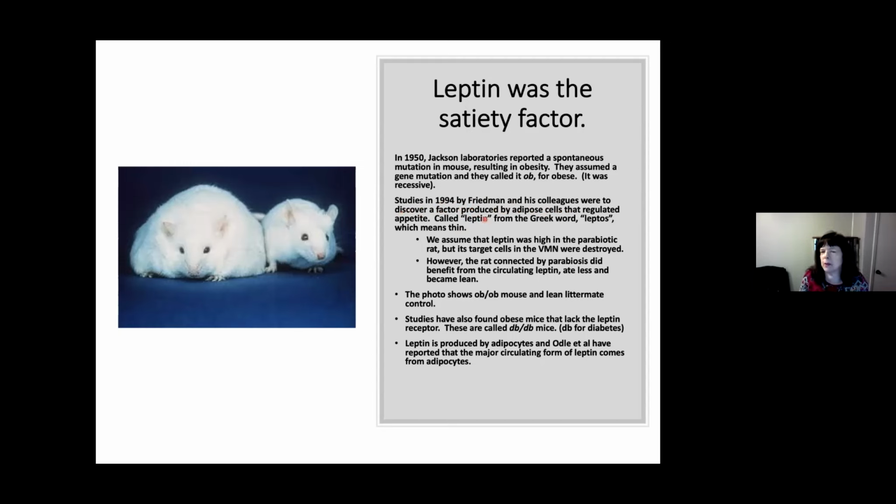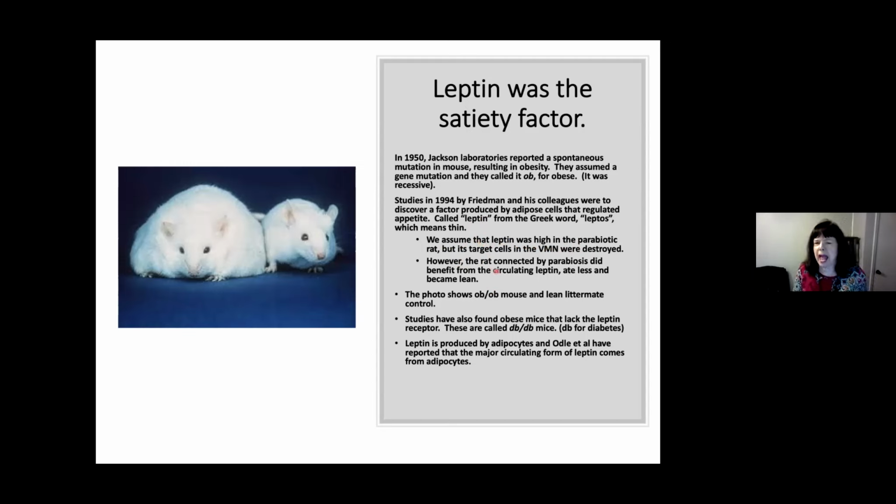And one of the things it produces is leptin. So we are assuming that leptin target cells in the ventromedial nucleus, in the experiment I just told you about, were destroyed. But that leptin was high, especially as the animal ate and became obese, because leptin is high in an obese animal.